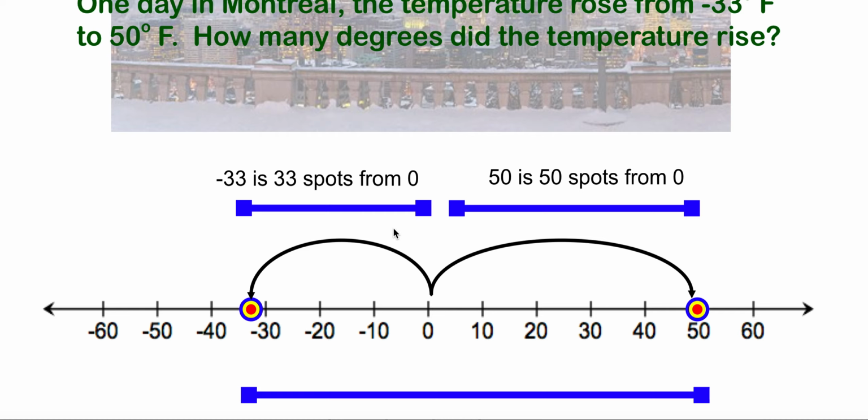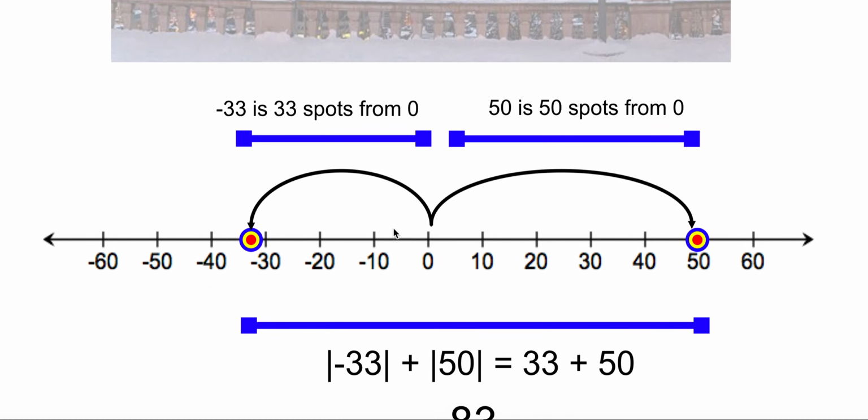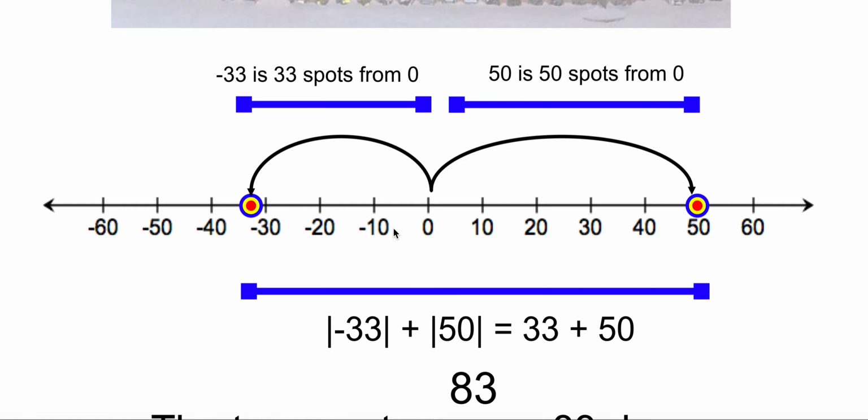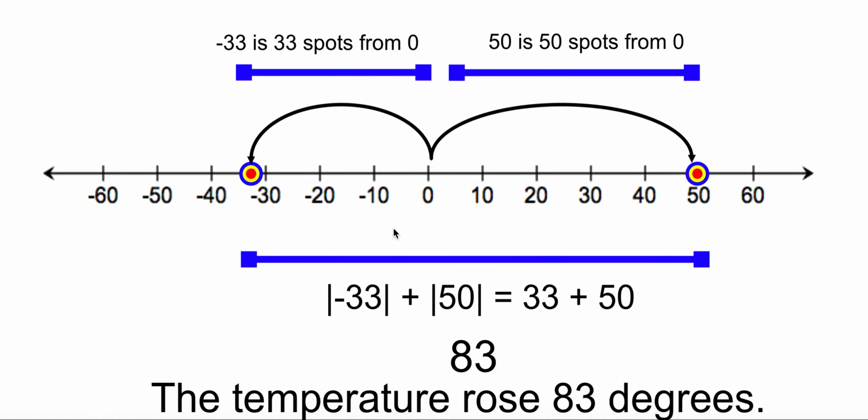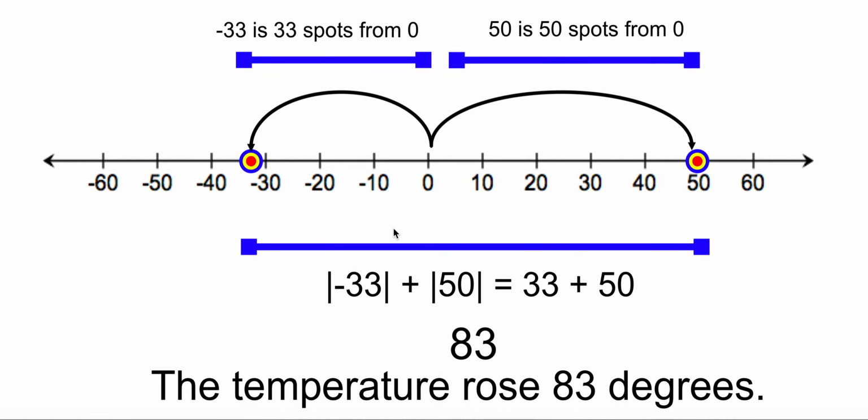Okay. Now, in this case, we add the absolute values: the absolute value of negative 33 plus the absolute value of positive 50.